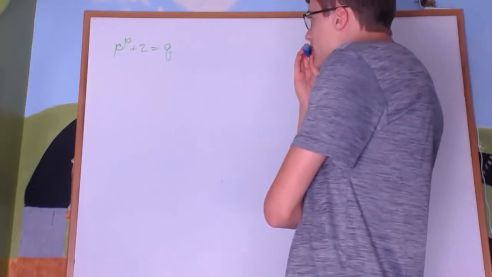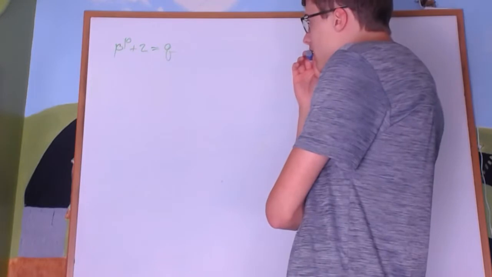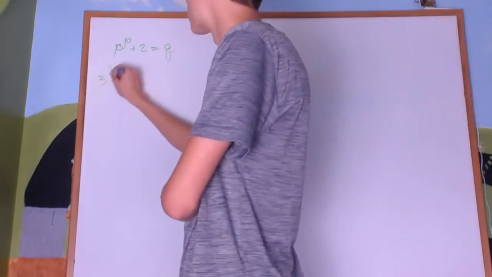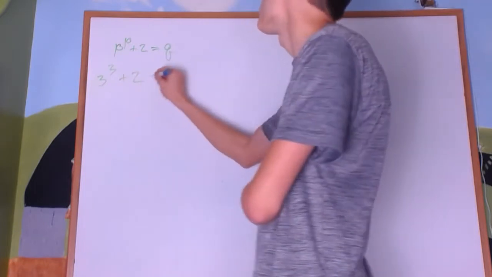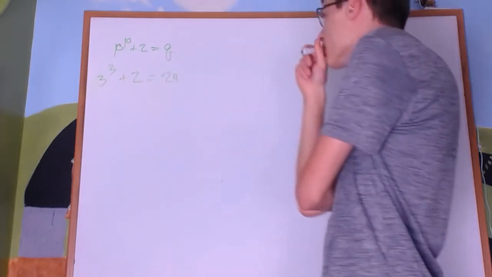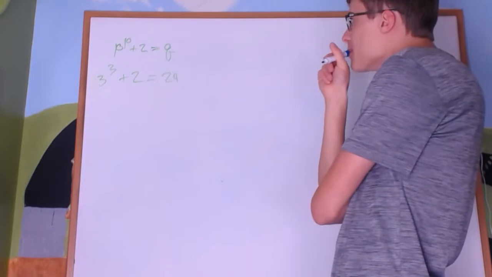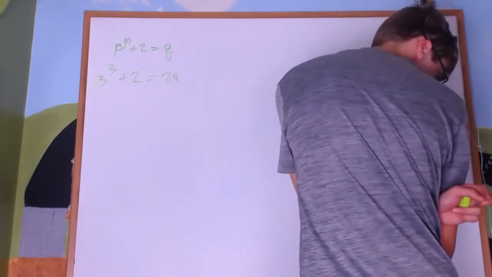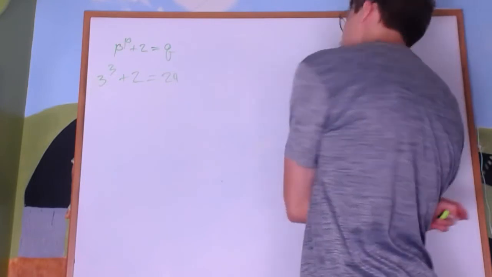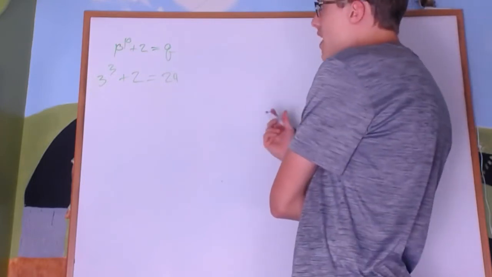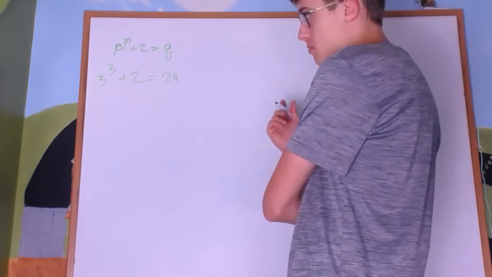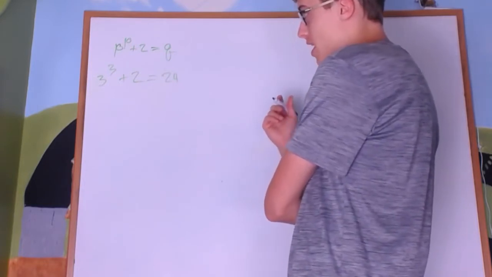How do you even approach that? Obviously the first one's 3 cubed plus 2, which is 29. So, apart from 29, come on. I think that we should prove that it can't be done for any other value.